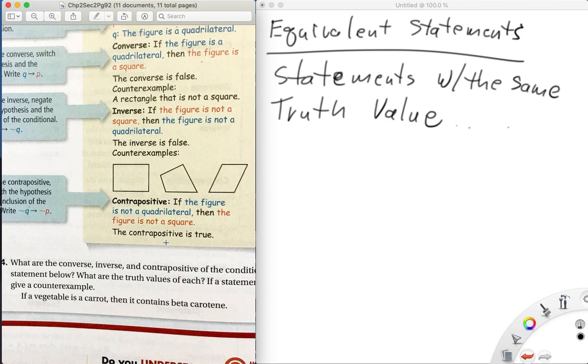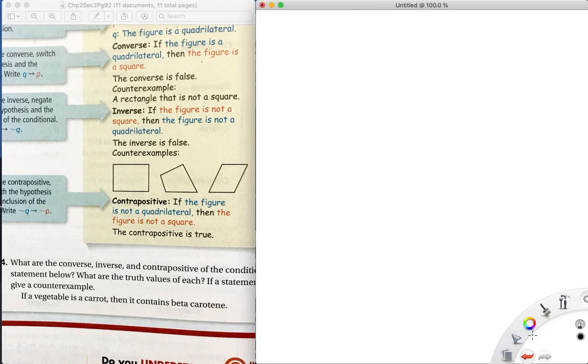So they want us to write the converse, inverse, and contrapositive of the conditional statement below. All right, so here's the first one, the conditional for this statement.